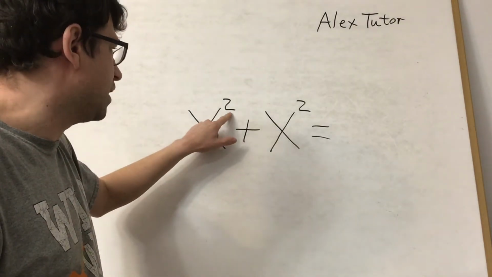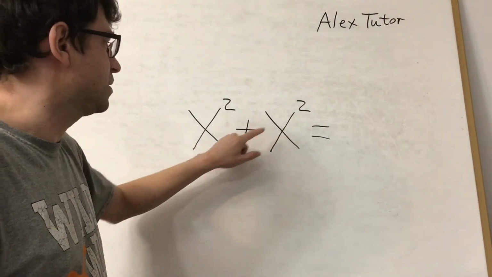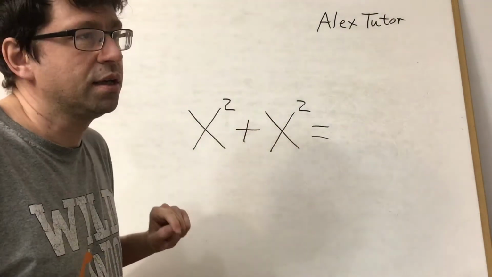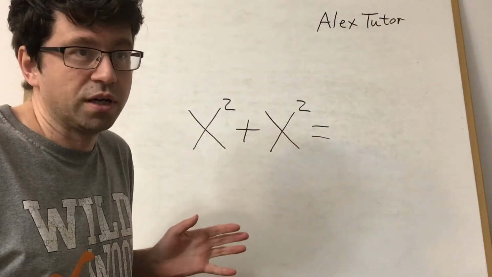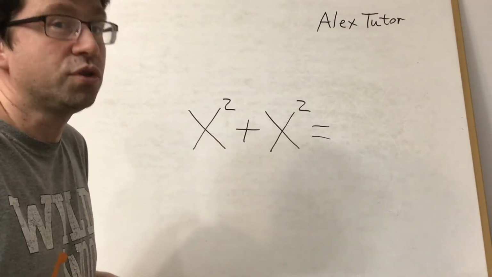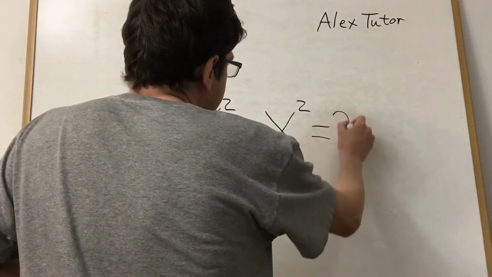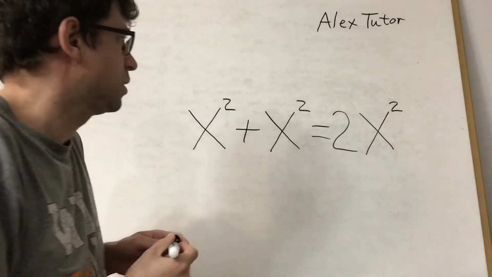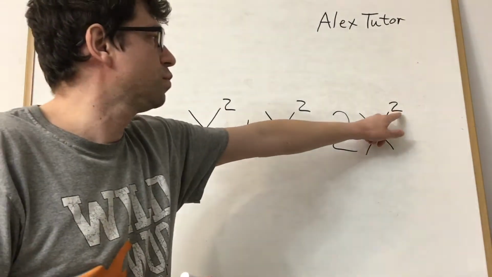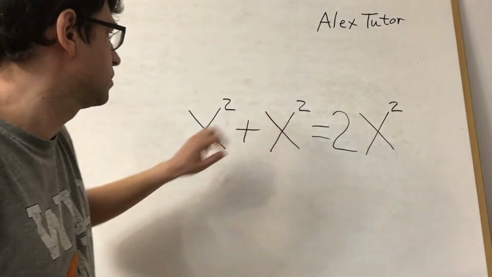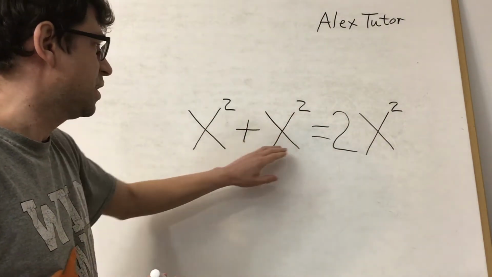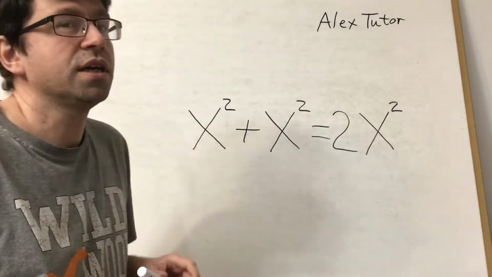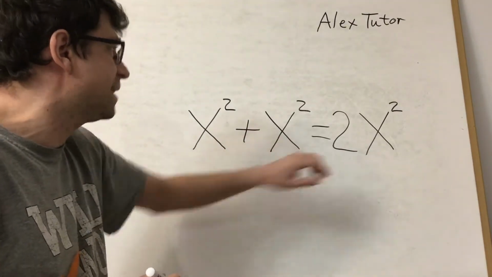A squared crocodile plus a squared crocodile will be how many square crocodiles? It's going to be 2 square crocodiles. So I write 2x to the power of 2. So this number 2 does not change. So those expressions are called like terms. It means I can add them.